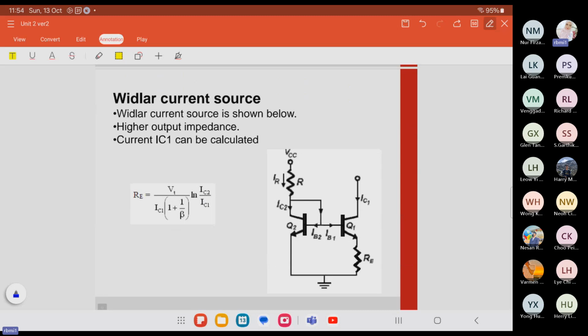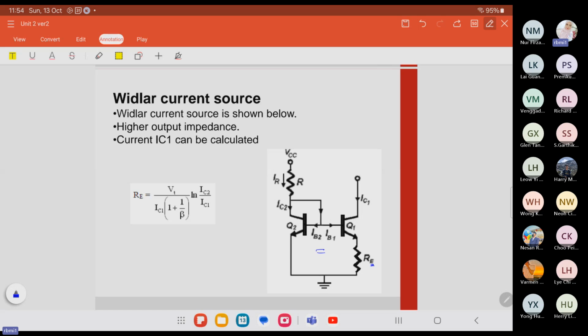We have the Widlar current source. It also comes from the current mirror, but then we have a resistor here. The current mirror made of two lateral NPN transistors has limitations due to low beta and lower early voltage.